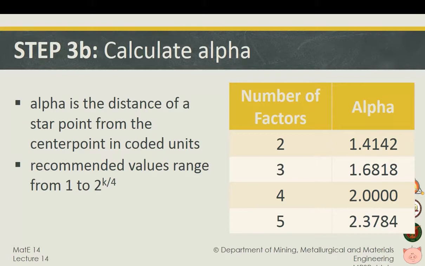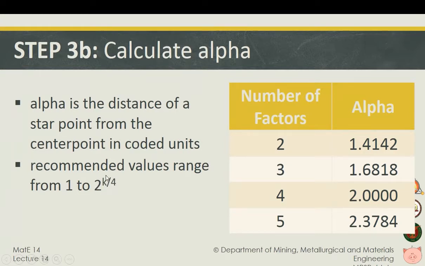our number of factors. For the example we did, we were trying to investigate how yield was affected by temperature and time. So time and temperature, that's two factors. So we have 2 raised to 2 over 4.